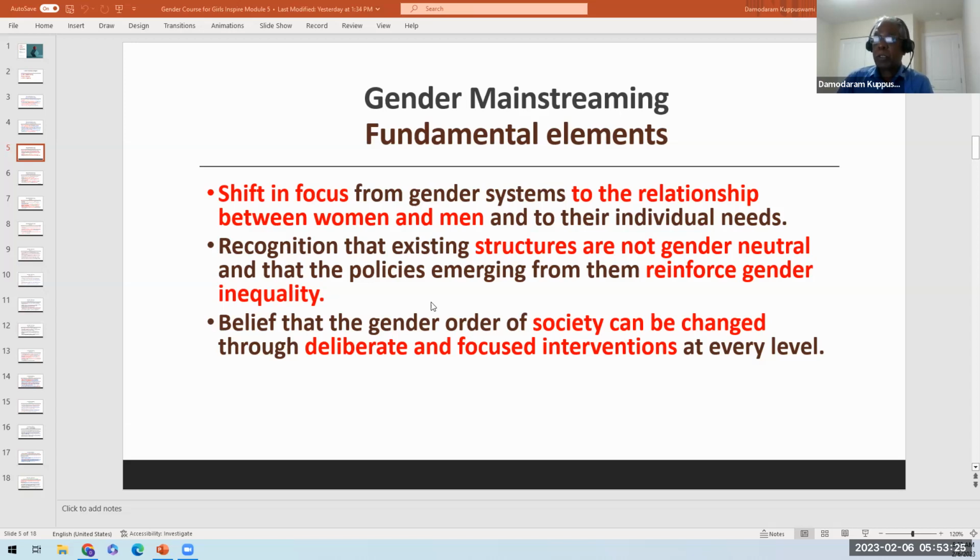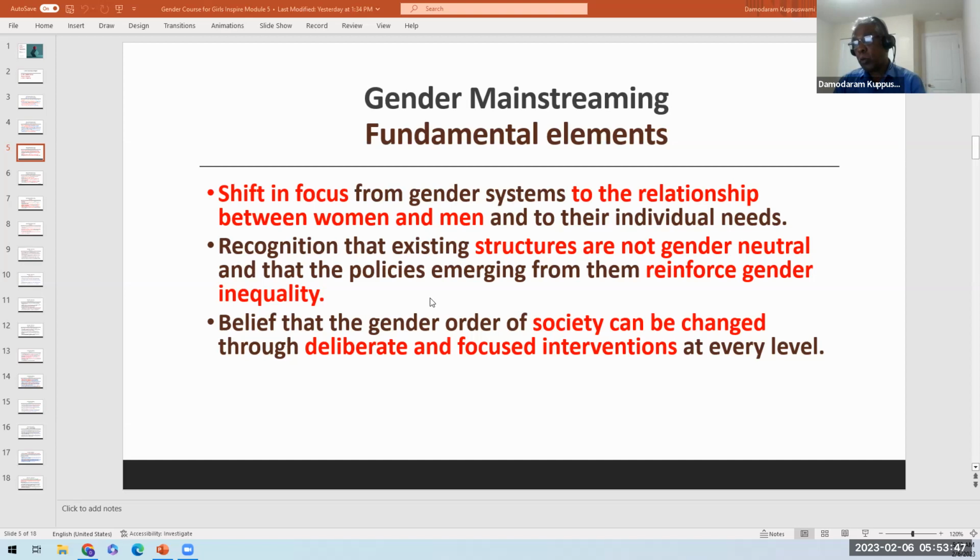First and foremost, we know about systems, both in terms of concepts and tools: the patriarchal system, the societal systems, the institutional processes.